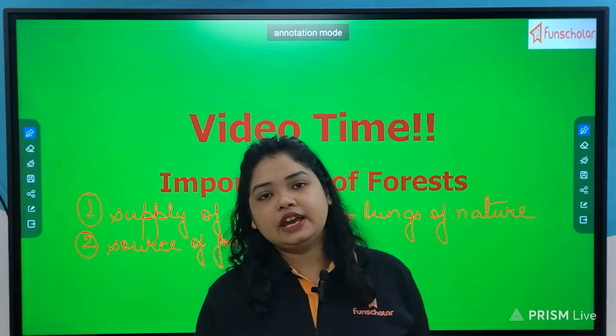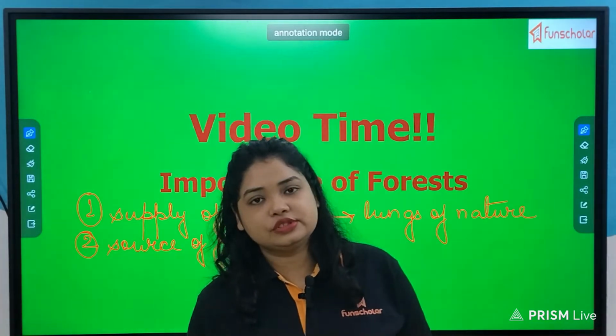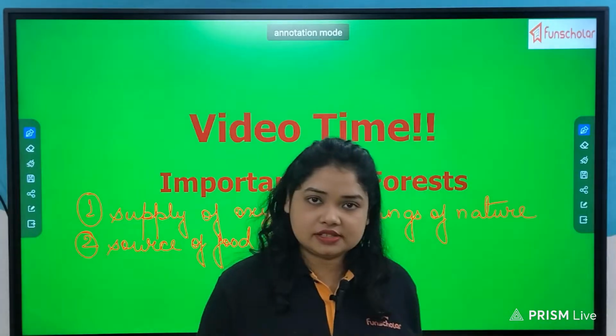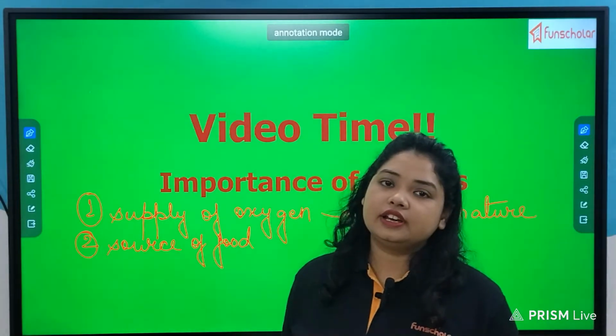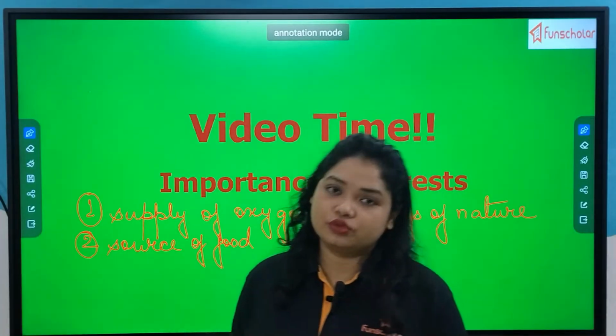This capability has been given only to autotrophs or producers, that means the plants. So they convert the inorganic raw materials into organic food source.